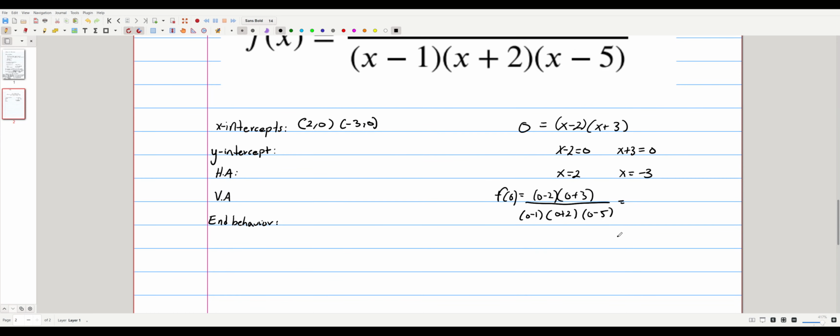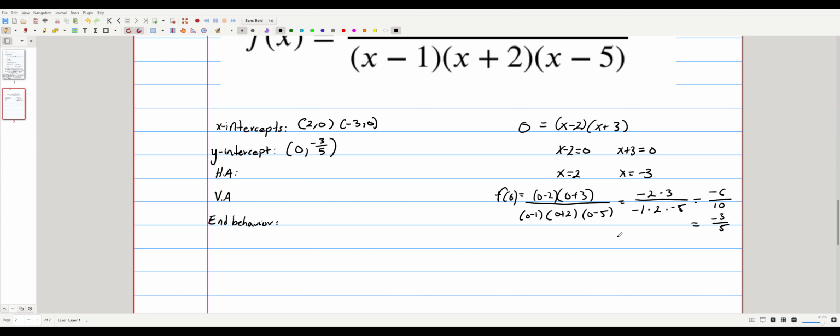And what we're going to get here is negative 2 times 3 over negative 1 times 2 times negative 5. Negative 2 times 3 is negative 6. Negative 1 times 2 is negative 2 times negative 5 is positive 10. And so negative 6/10, since these are both even, we can divide by 2, and it simplifies to negative 3/5. So our y-intercept is x equals 0, y equals negative 3/5.